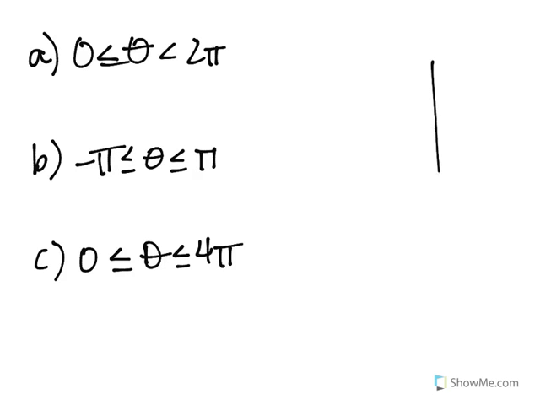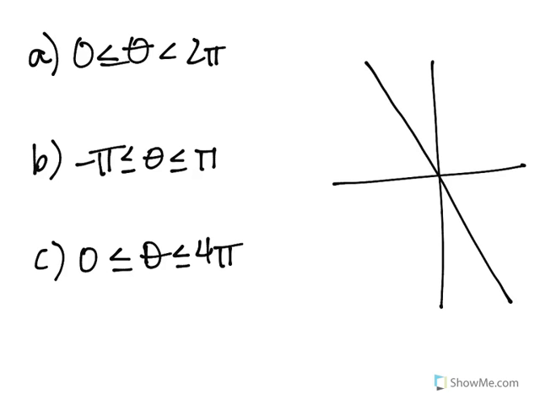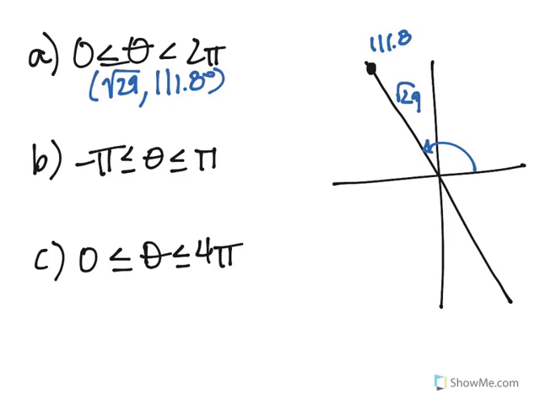And I'm going to draw my little graph over here again. We'll say this is the line. There's my point. We know that this is root 29. We know this is 111.8, that distance right here. We know that's the point I'm going to start with, root 29, 111.8 degrees.